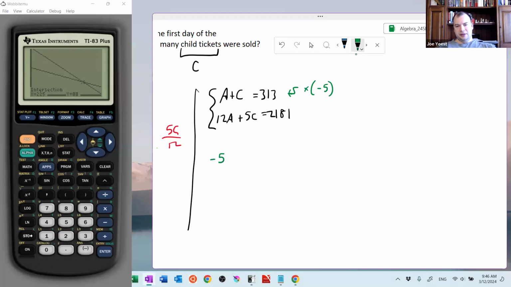I get -5a minus 5c equals -5 times 313, which is negative what? 1565. Hopefully I did that right. 5 times 300 is 1500, and 5 times 13 I think is 65. That looks good. And then I'll just copy down the other one.